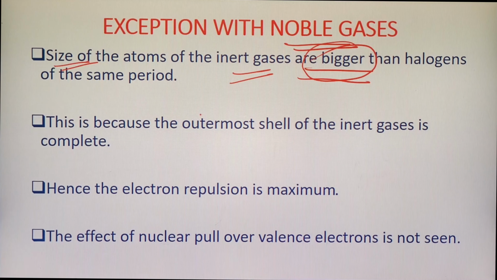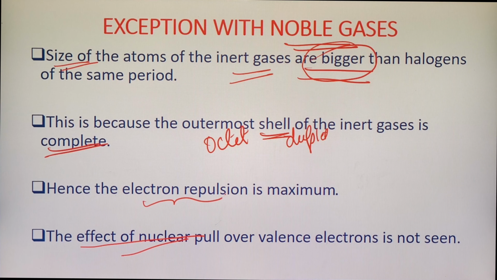That is fluorine, neon; fluorine, chlorine, bromine, iodine. Why does that happen? It is because they have already completed their octet or they have completed their duplet. So can I say the outermost shell is complete? Now, when the outermost shell is complete, instead of the attraction, what is going to happen here, children? Electron repulsion will be maximum.